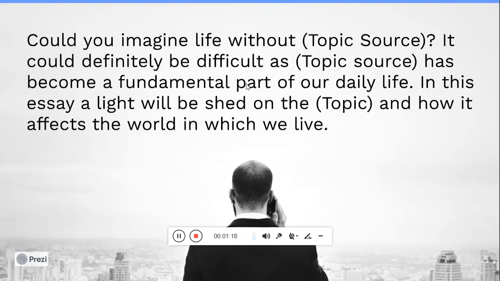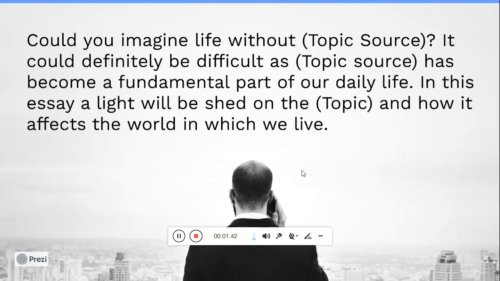It could definitely be difficult as tourism has become a fundamental part of our daily life. In this essay, the light will be shed on the highest building in the world and how these projects affect the world in which we live.